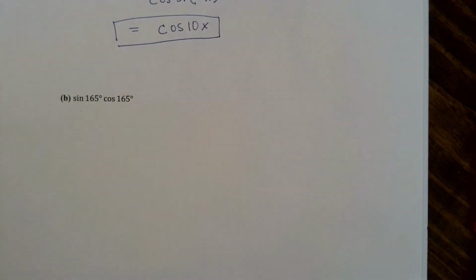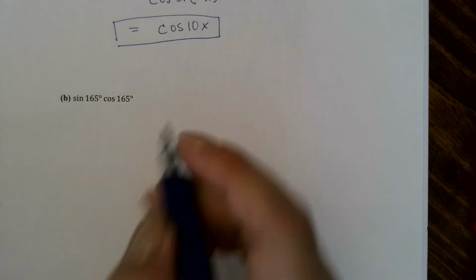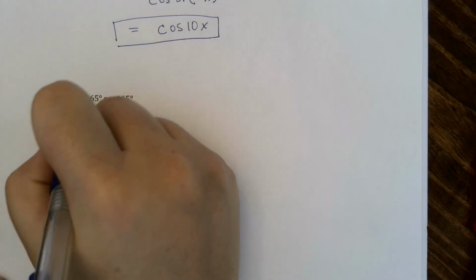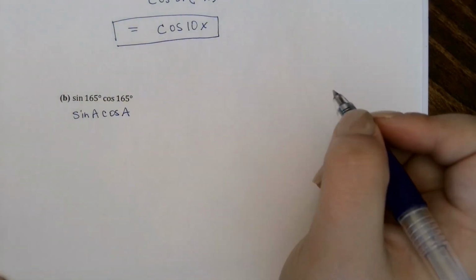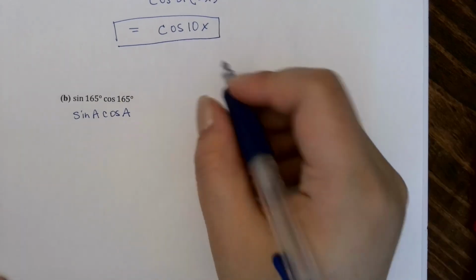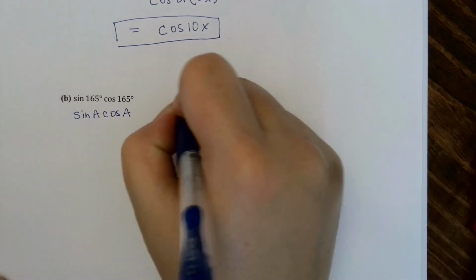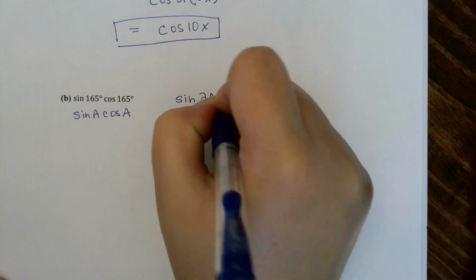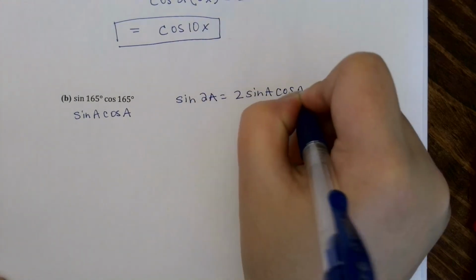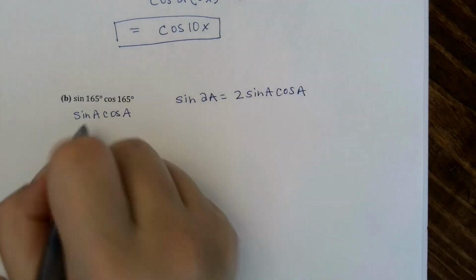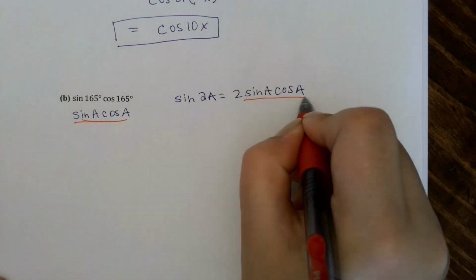Alright, so for B, we have sine of 165 degrees times cosine of 165 degrees. Okay, so this is sine A times cosine A. Okay, they're the same angle. One of the double angle identities that we have is sine 2A is equal to 2 times sine A cosine A. Okay, but we only have this part right here.